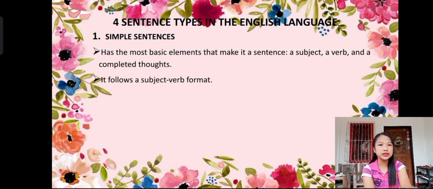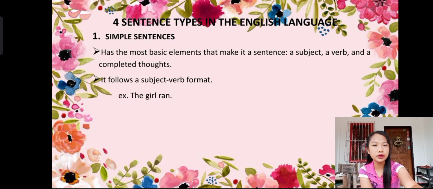It follows a subject-verb format. Example: The girl ran. We have the subject, girl, followed by the verb, ran.